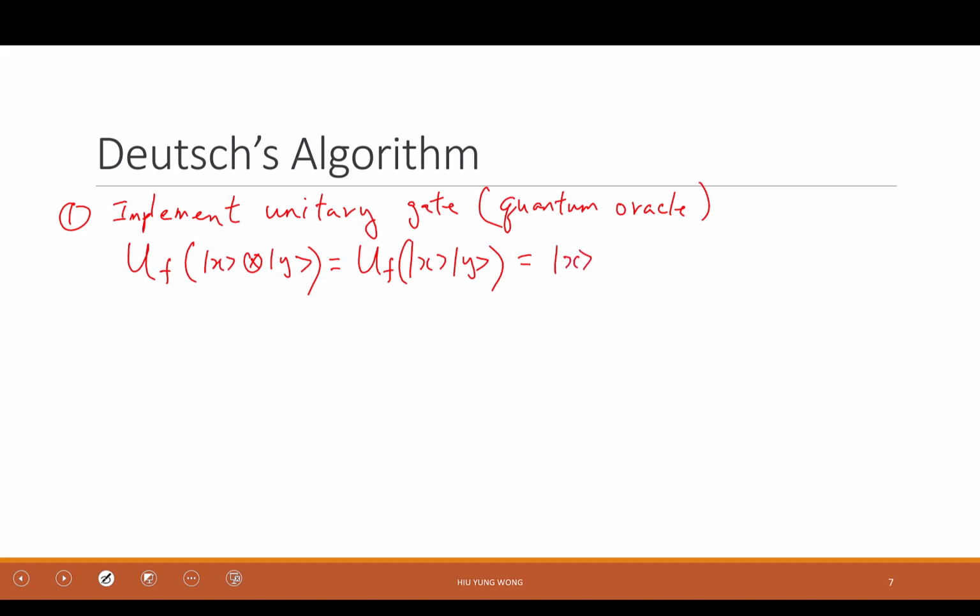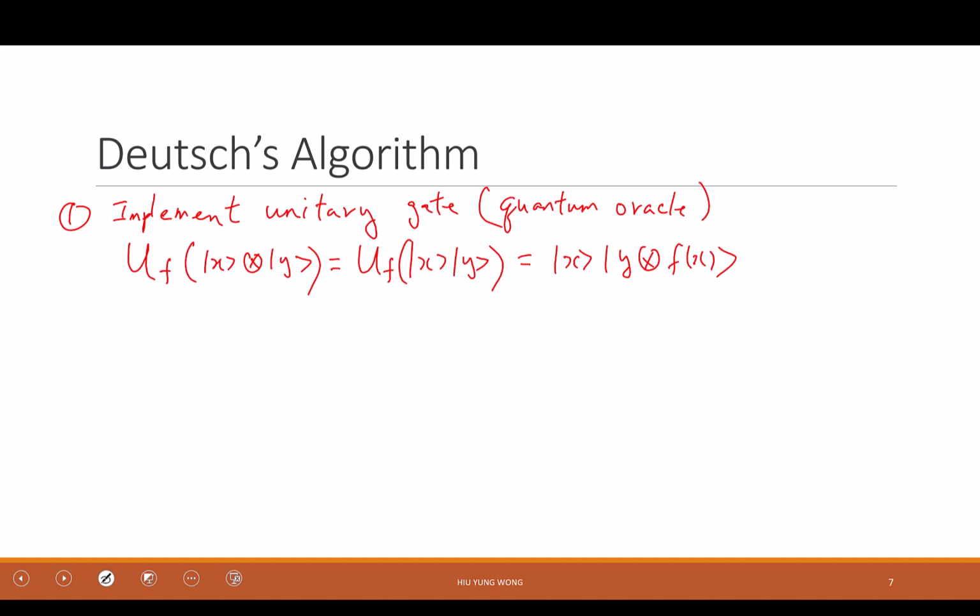This becomes x, y exclusive or f of x. x obviously will be the input, y is related to our output. Okay, this is the relationship. Now, I know you feel confused, but if I tell you this is just a gate, are you okay with this? Just a gate. I tell you I invented this gate and it will be useful for you to do this Deutsch algorithm. Do you agree this is just a quantum gate?